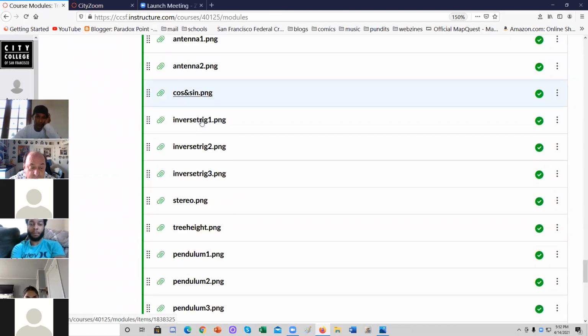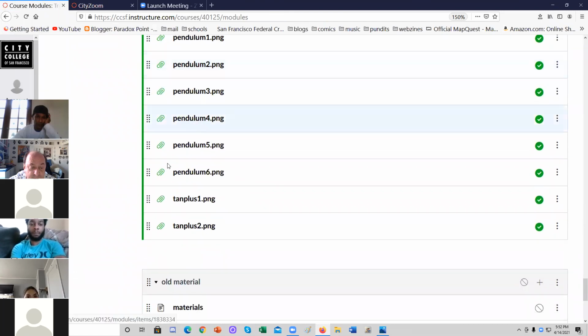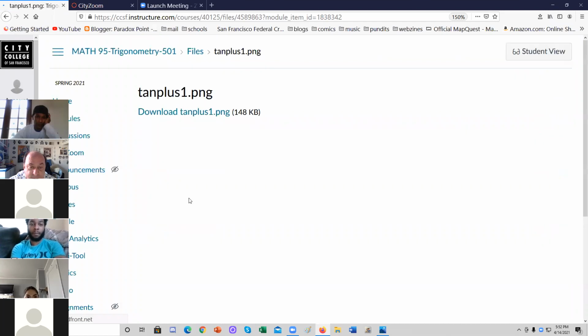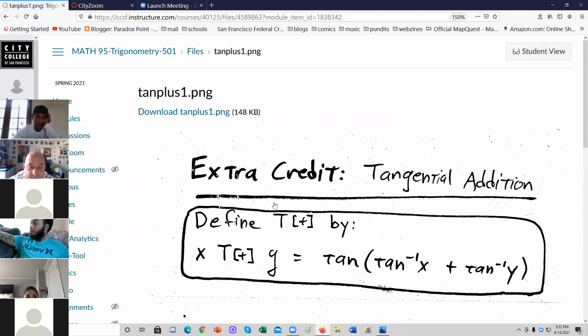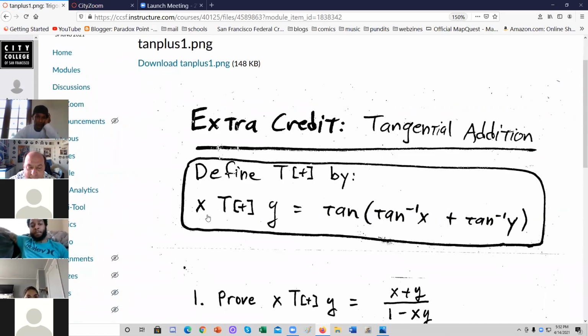And in addition to all that, there's also something called tangential addition. Define this thing, t-plus of x and y, as the tangent of the sum of arctangents. You can imagine doing this as a form of angle addition.